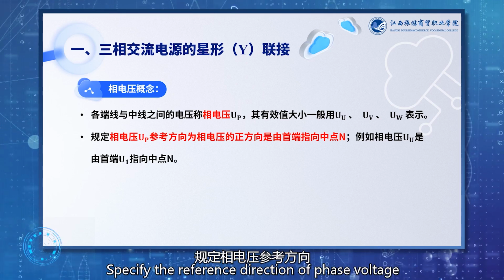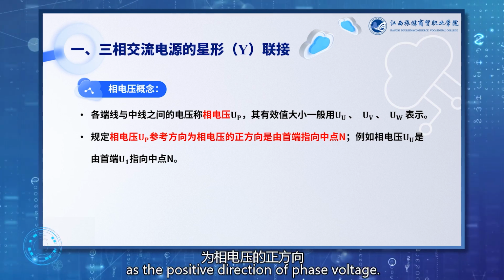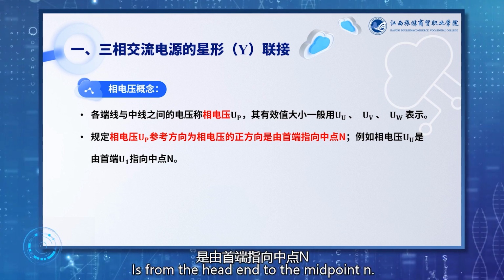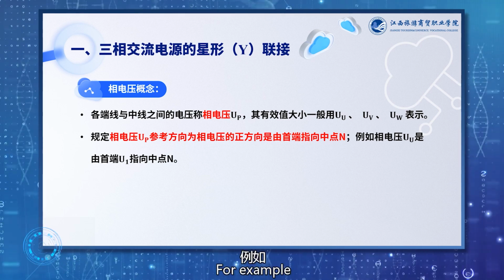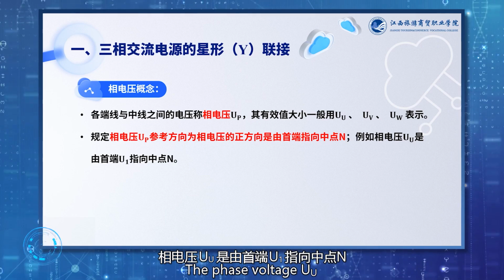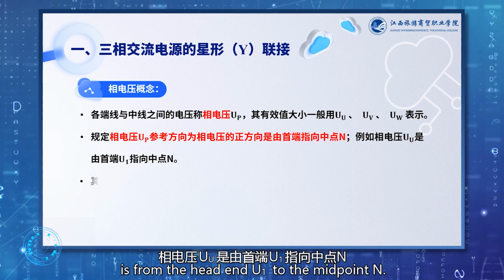The reference direction of phase voltage is specified as positive from the head end to the midpoint N. For example, the phase voltage UU is from the head end U1 to the midpoint N.